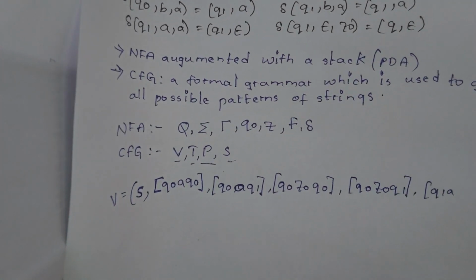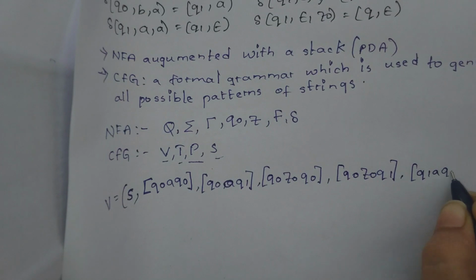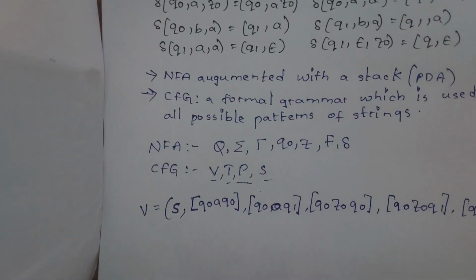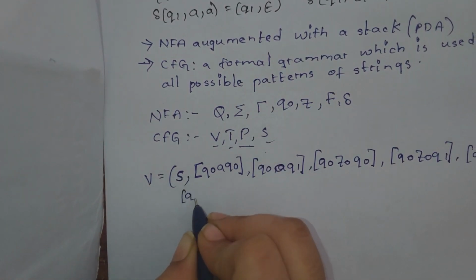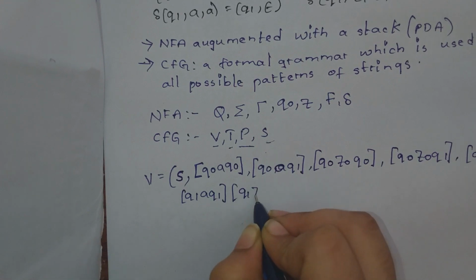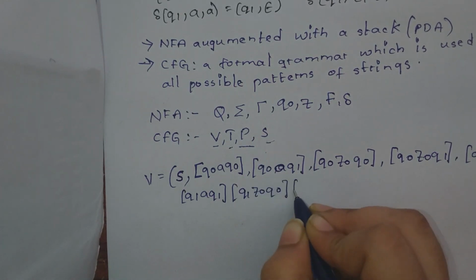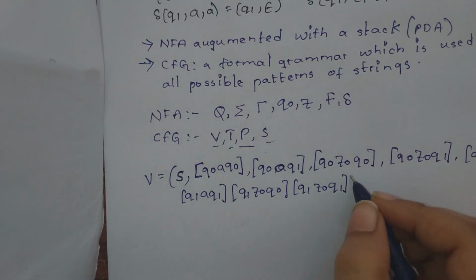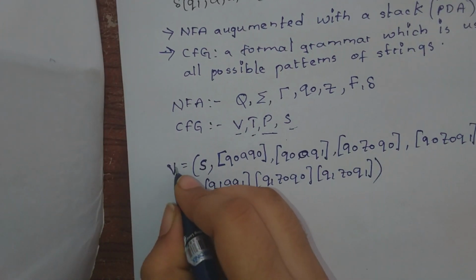Q1 A Q naught, Q1 A Q1, and then Q1 Z naught Q naught, Q1 Z naught Q1. So now all the variables are done.